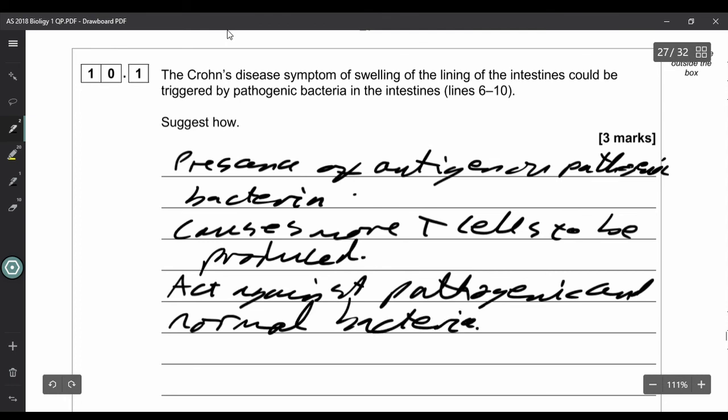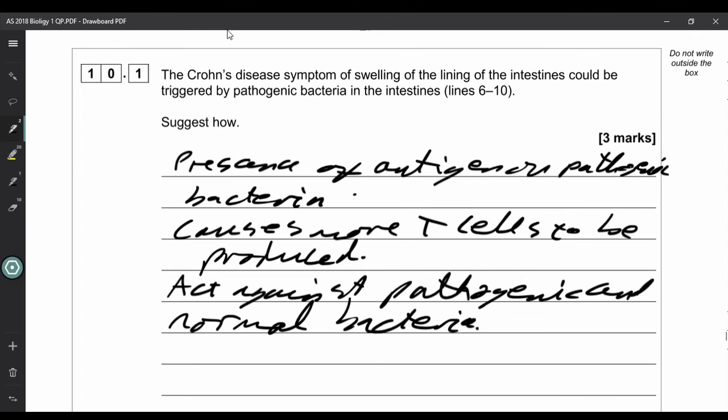So what's going on here, how the Crohn's disease symptom of the swelling of the lining could be triggered by pathogenic bacteria: the pathogenic bacteria makes more of these T cells to be produced, and the T cells act against not only the pathogenic but the normal bacteria.